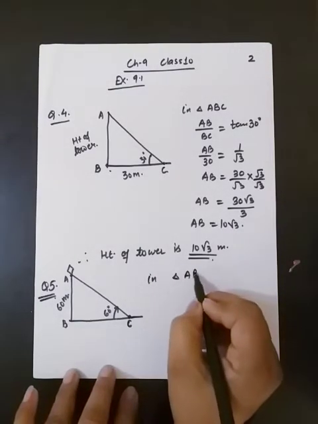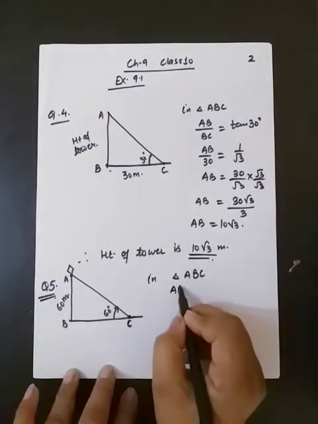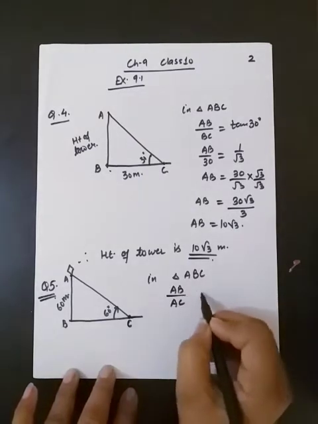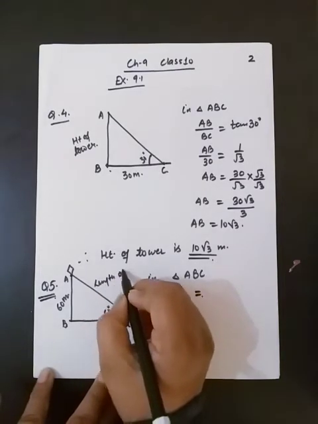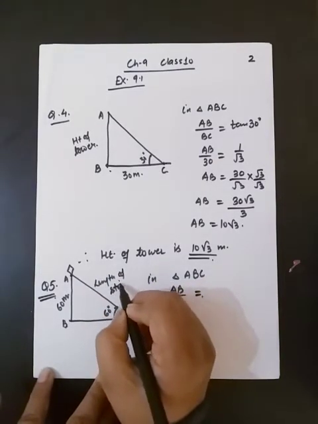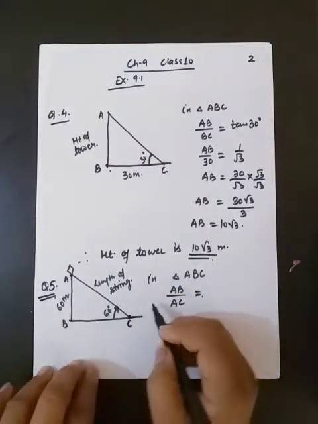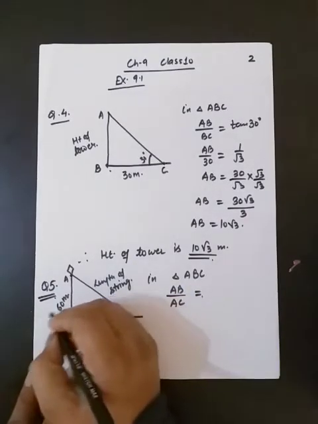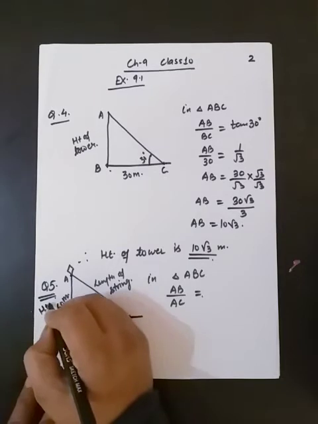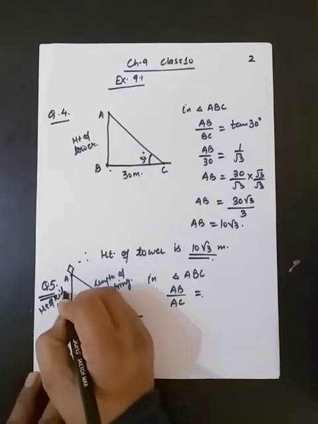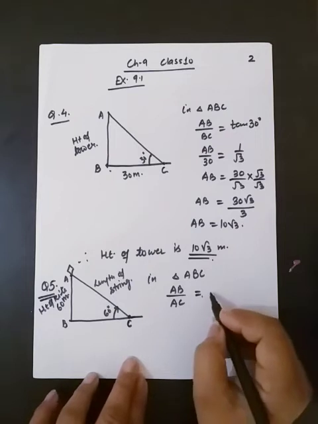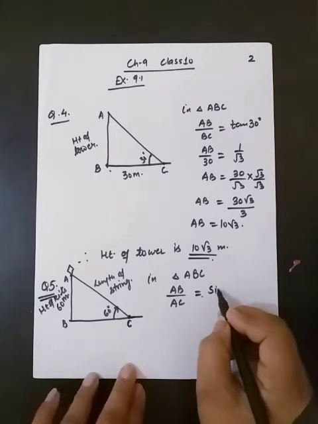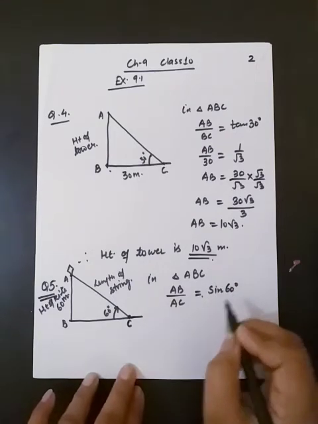In triangle ABC, AB by AC is equal to, AC is, you can mention in figure, length of string, otherwise you have to write all these terms separately. And AB is height of kite. So AB by AC will be sine 60 degree.